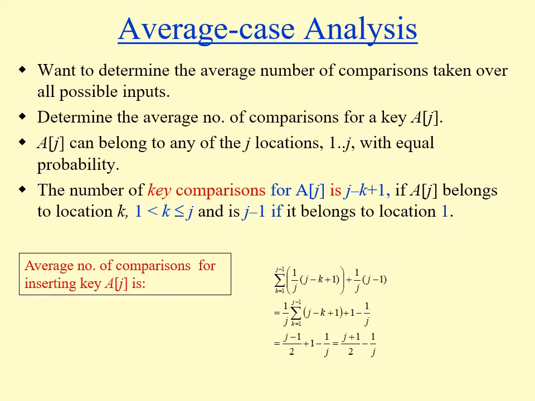So here you find out that we exclude K equal to 1 in that case. If it's larger than 1, of course it's J minus K plus 1, and if it belongs to location 1, it is just J minus 1.